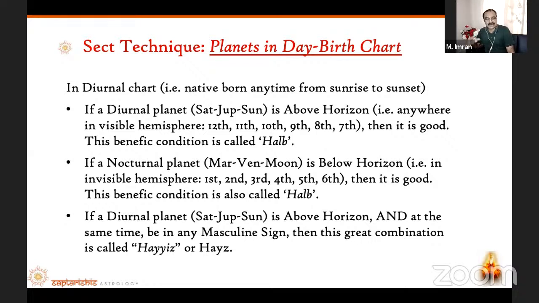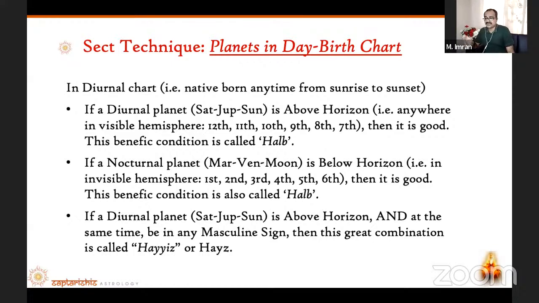Again on the same page, if a diurnal planet is above the horizon in a daytime birth, and at the same time it is also in a masculine sign, then this great combination is called hayyiz or haze, right?